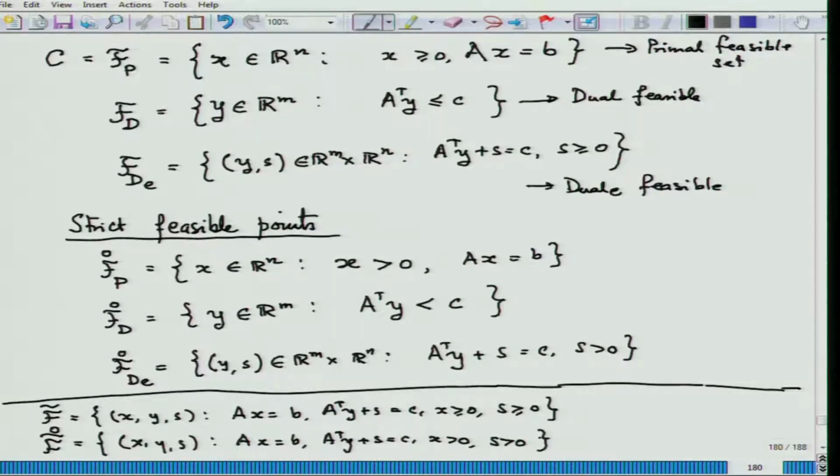So, we would continue to use any of the formalisms, but we will largely focus on this sort of formalisms.